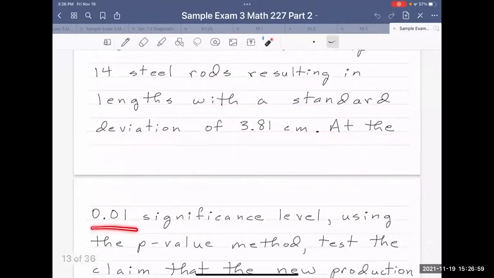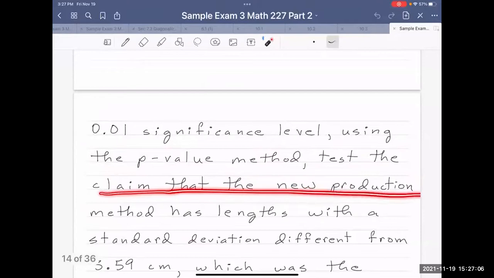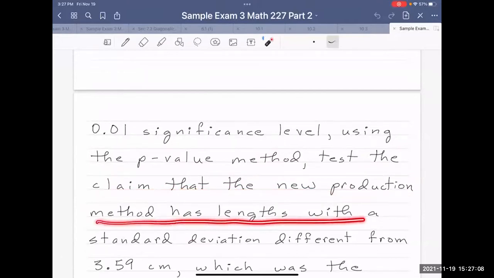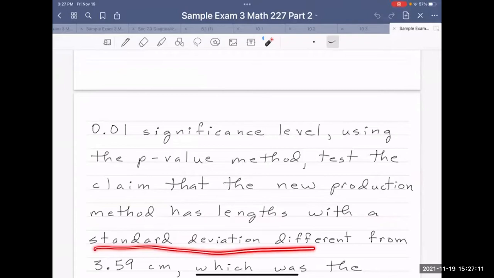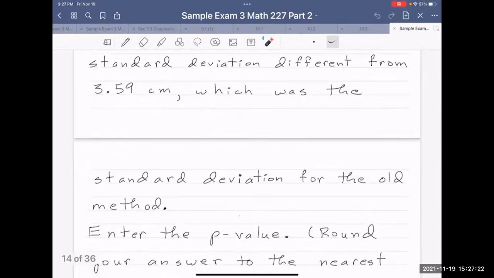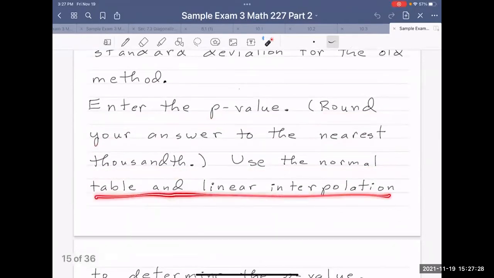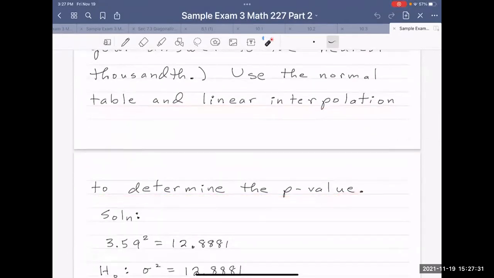At the 0.01 significance level, using the p-value method, test the claim that the new production method has lengths with the standard deviation different from 3.59 centimeters, which was the standard deviation for the old method. Use the normal table and linear interpolation to determine the p-value.